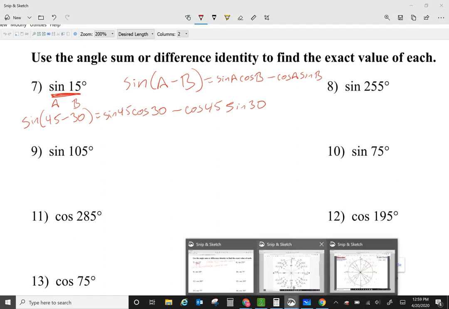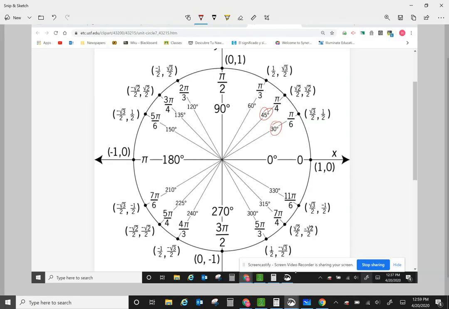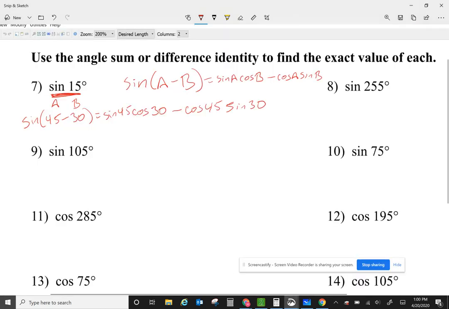Remember your unit circle. This is what I mean with unit circle. All right, sine of 45 is radical 2 over 2. Cosine of 30 is radical 3 over 2.